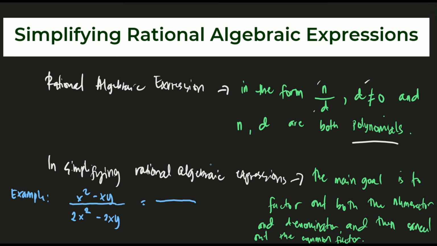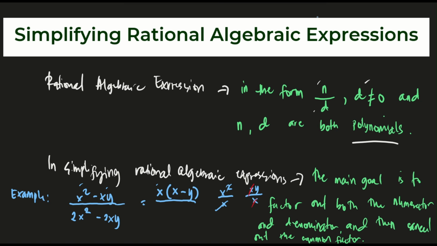The GCF of that one is just x. And then find the remaining factor. Simply divide each term by its GCF. X squared, you divide it by x, you're left with x, and then copy the negative sign, and lastly xy, you divide it by x, you cancel out the common, you're left with y.